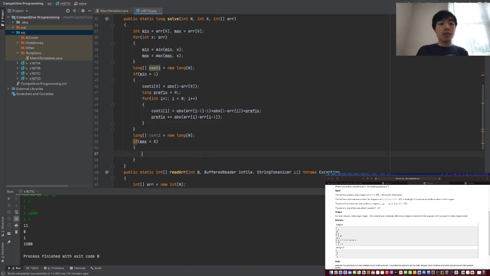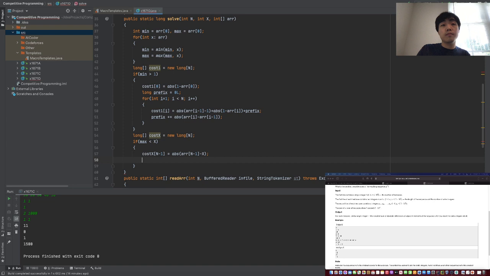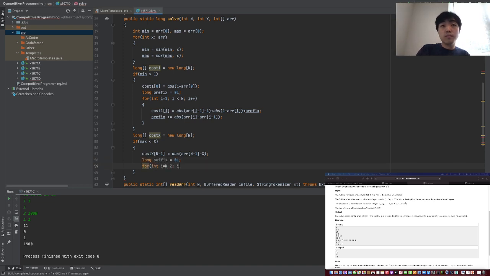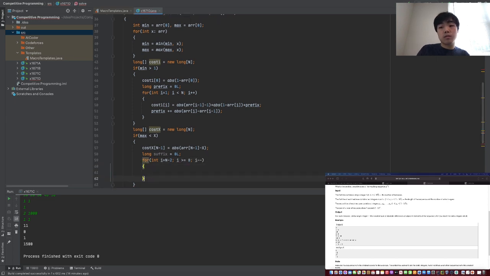And then we want to find suffix, where it's like cost 2, or I guess cost. Oh, I need that cost 2. Well, I think cost of x is a better name for this. Okay.